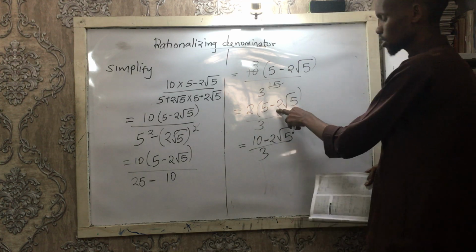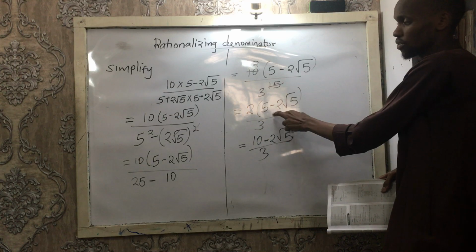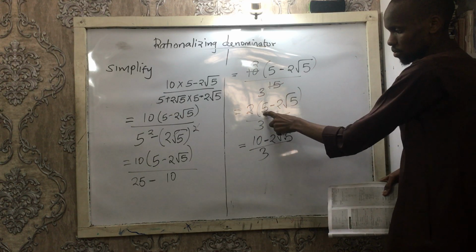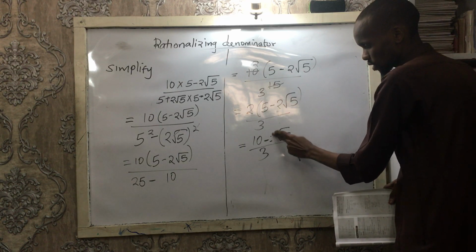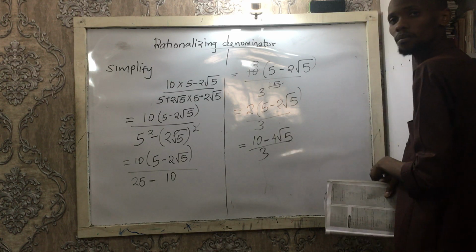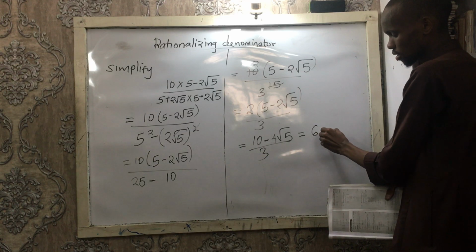I'm doing 5 minus 2, which is 3. No, 2 times 5 is 10. Yeah, correct. 2 times 2 is 4, right? So that we can have 6.